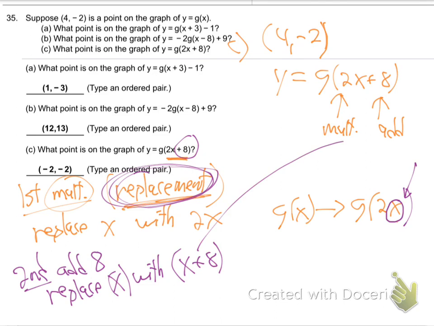I take x and plug in x plus 8. So that would become g of 2 times x plus 8. Can you see that? You multiply that out, that's a 16 now, which is not what they have here, proving that's not the order. You put add 8 on there, wouldn't it be subtract 8? Isn't it opposite when you take it out? Right.